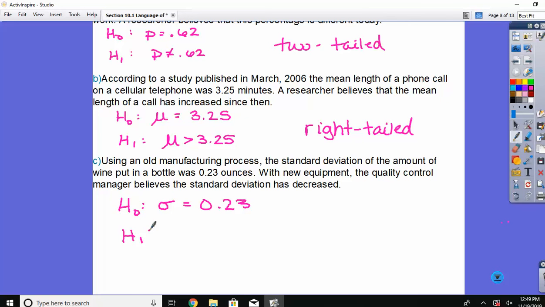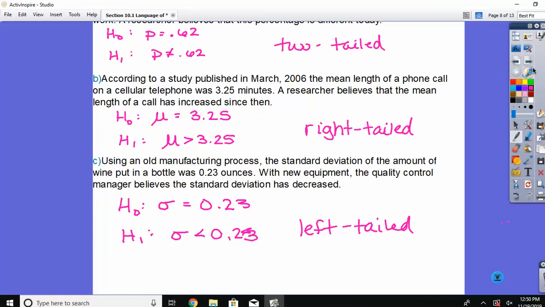So the alternative would be sigma is greater than 0.23, and that would be right tail. Greater than is to the right. Okay. So that's the first thing that you will do on every problem in this chapter. Read it, write down the null and alternative hypothesis. Any questions about those?